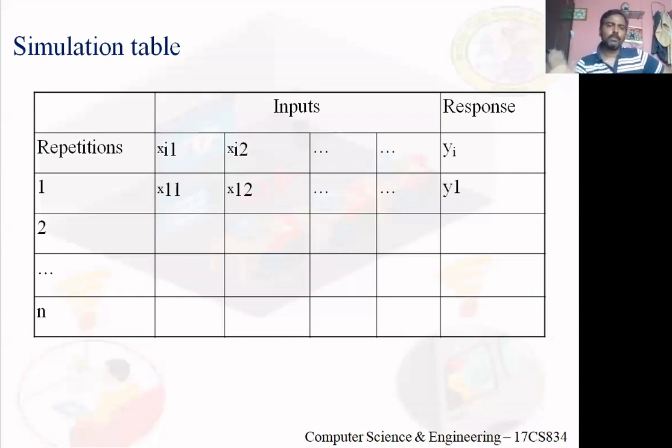Clear with this? So in the second case, n is random, because if only 10 customers arrive and depart from the bank, there will be only 10 rows in the table. If 15 customers arrive and depart in 2 hours, there will be 15 rows.